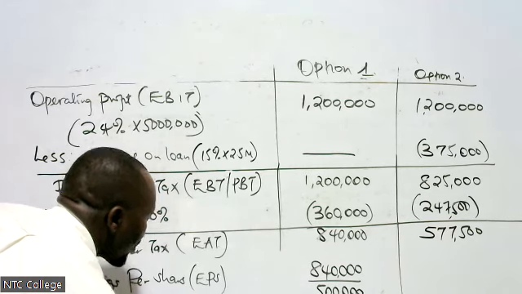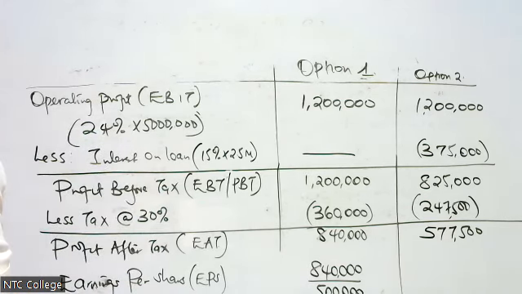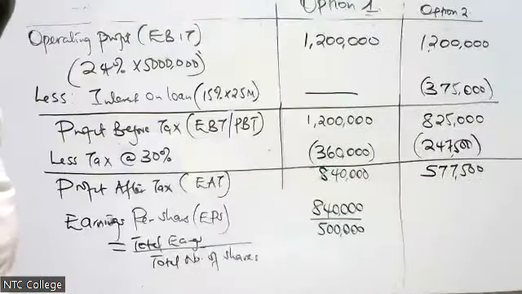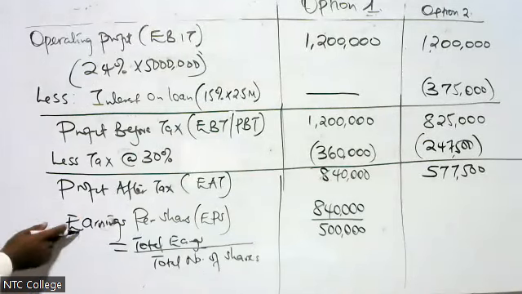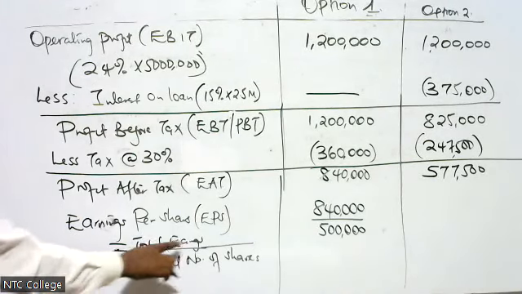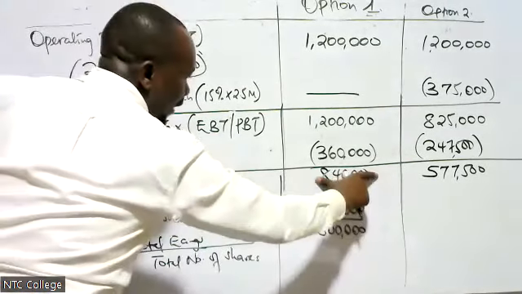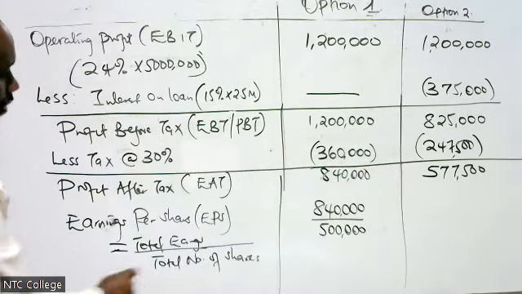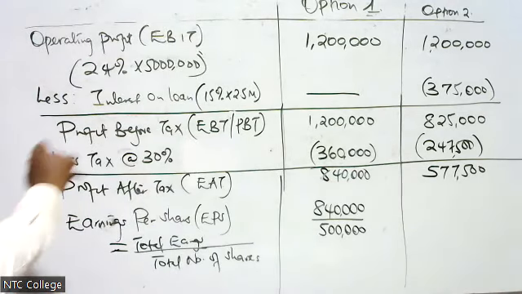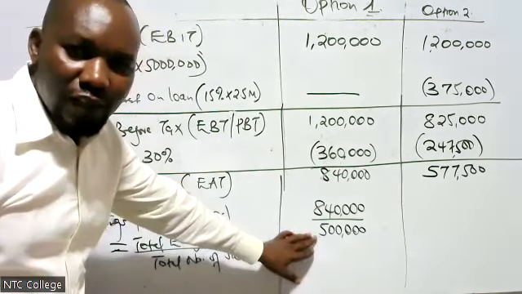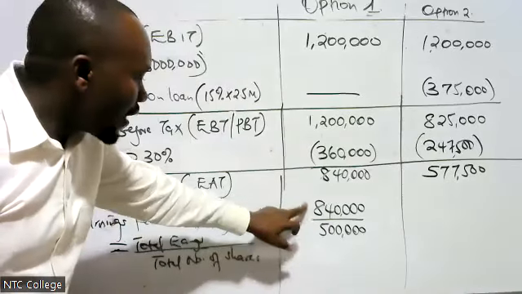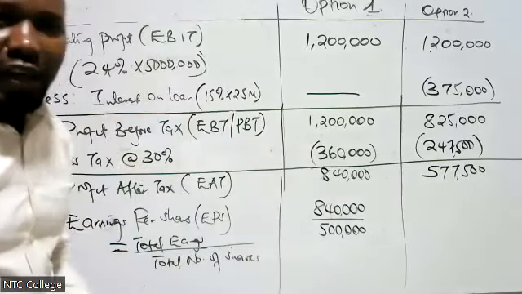Not shareholders, shares. So EPS is equal to total earnings, which are this one, all over the total number of shares. For option number 1, how many shares did we have? We have 500,000. So we take our total earnings, divide by the total number of shares.